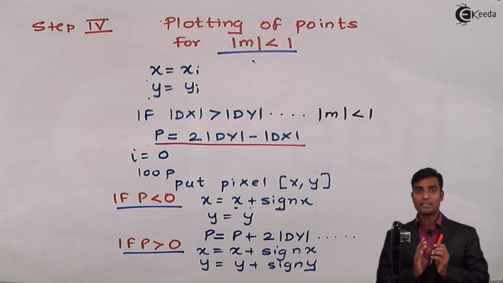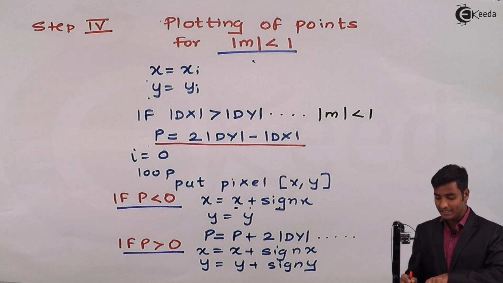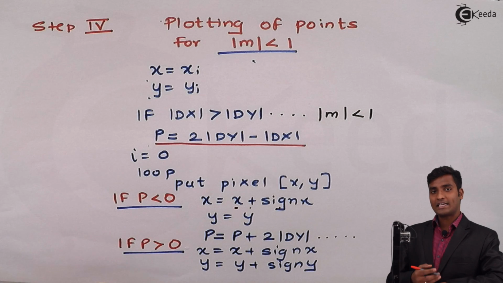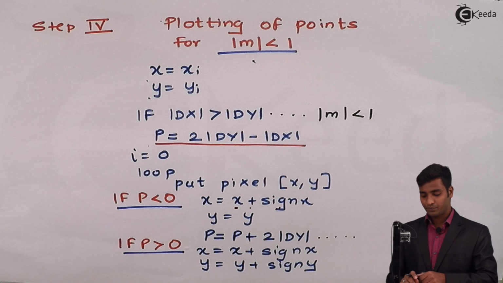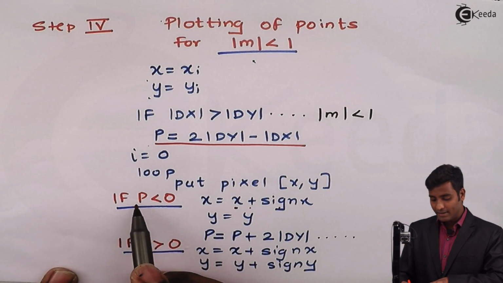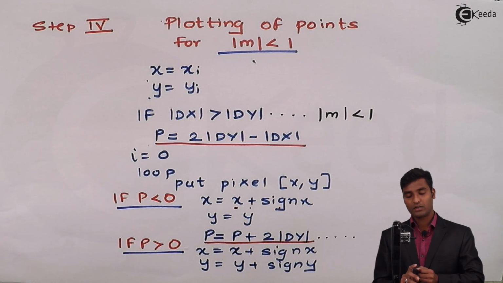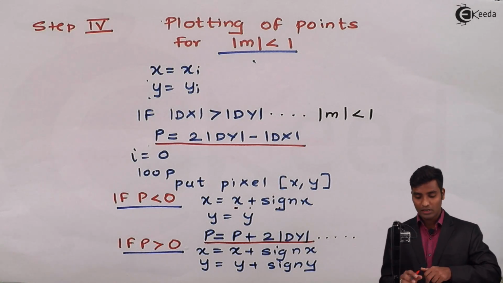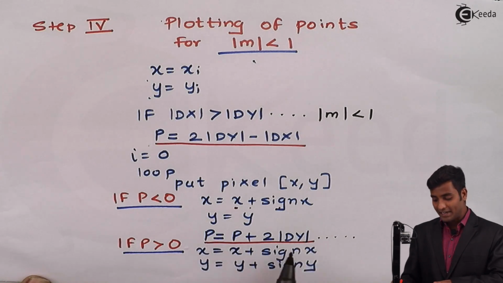If the distance parameter is greater than 0, in that case we have to use the relation x equal to x plus sign x and y as y plus sign y, and we have to write the relation for distance parameter less than 0 as p equal to p plus 2 dy. So when I get the value of the distance parameter as less than 0, I will use this distance parameter relation.